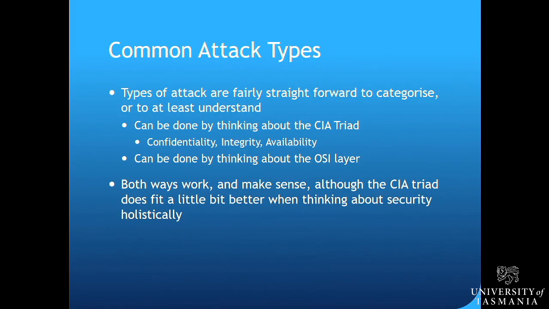Is it a denial of service attack where people can't use our service, and that is the entire goal of the attack? They're not getting access to any content of ours that's secret, but they're stopping anyone legitimate from using our service. So we can classify them in that way as well. As we work through, we'll largely be doing it based on the CIA side of it, but the OSI layer is something we can think about at the same time.